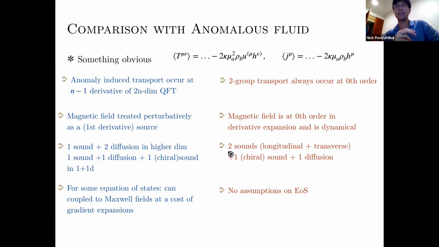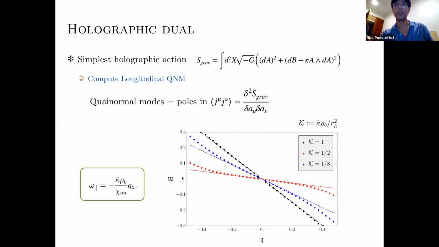But in this case, it does change, and it changes in two ways. Firstly, you make the magnetic field dynamical. So you have a string which you can shake along the magnetic field line, and this is like the transverse sound in plasma. And also you have this additional chiral sound mode that we see over here.